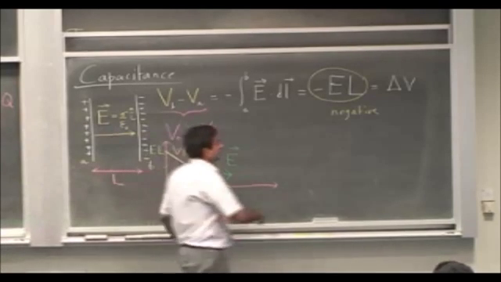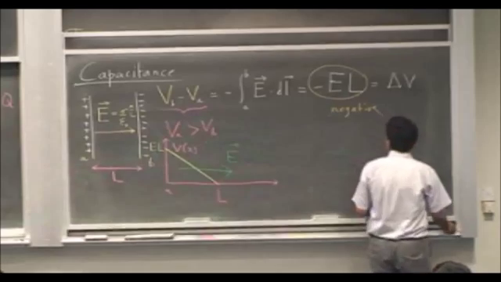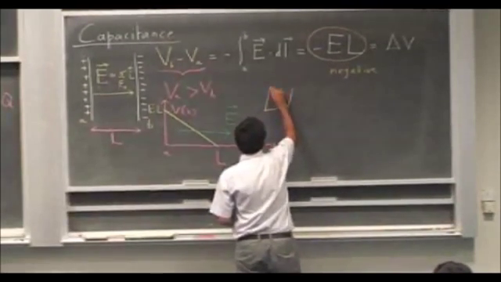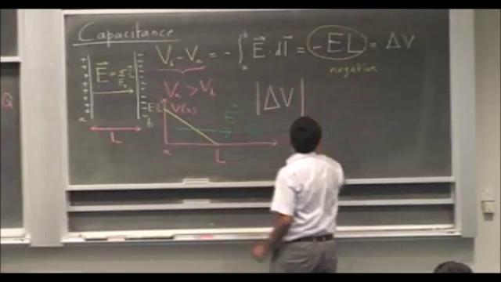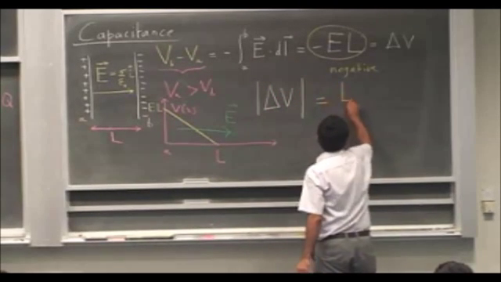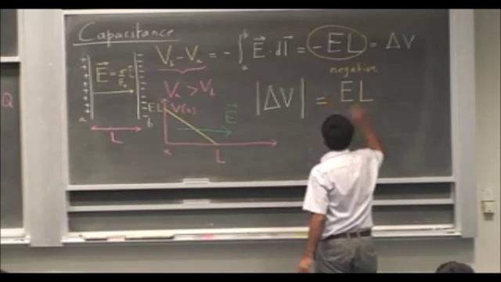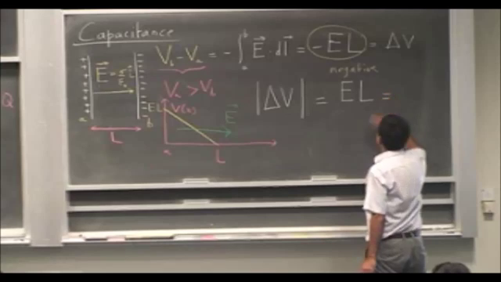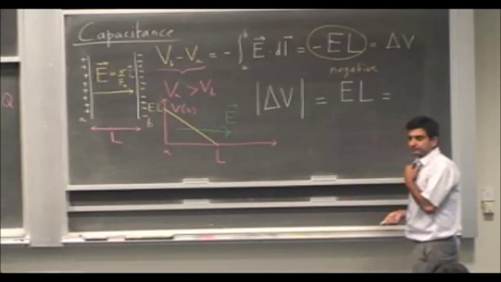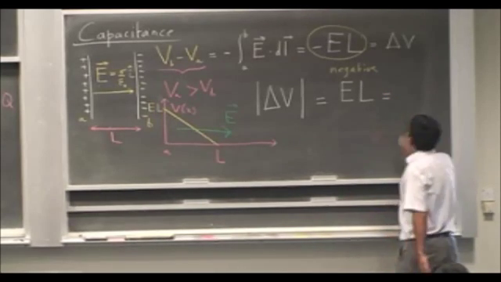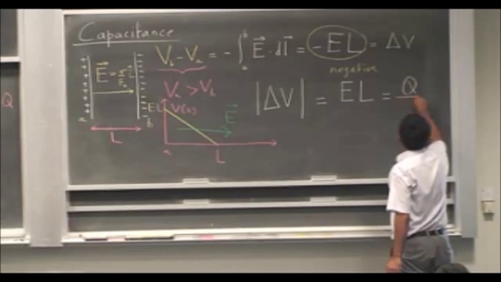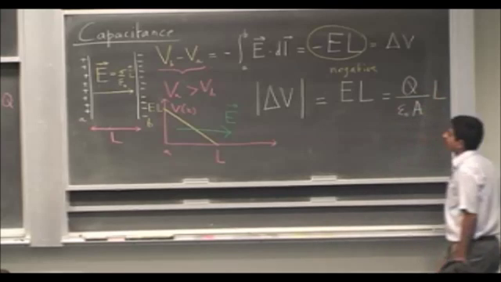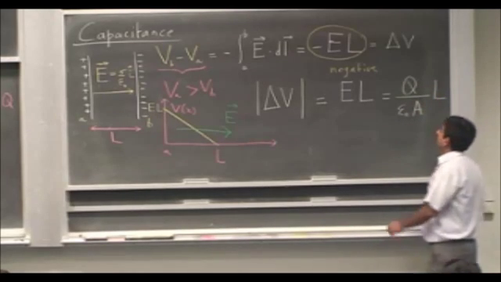Now if I look at this equation, and I'm only concerned with absolute values, delta V equals EL. Now what is this electric field? This electric field is sigma over epsilon naught. What is sigma? It is Q over A. Alright.